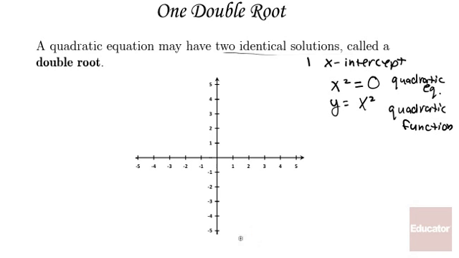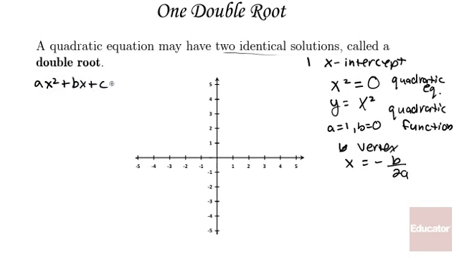Okay, first, when I'm graphing, I always look for the vertex, and I know that for the formula for the vertex, the x-coordinate is going to equal negative b over 2a. Here, I have a equals 1 and b equals 0. There's no bx term, so ax squared plus bx plus c equals 0.